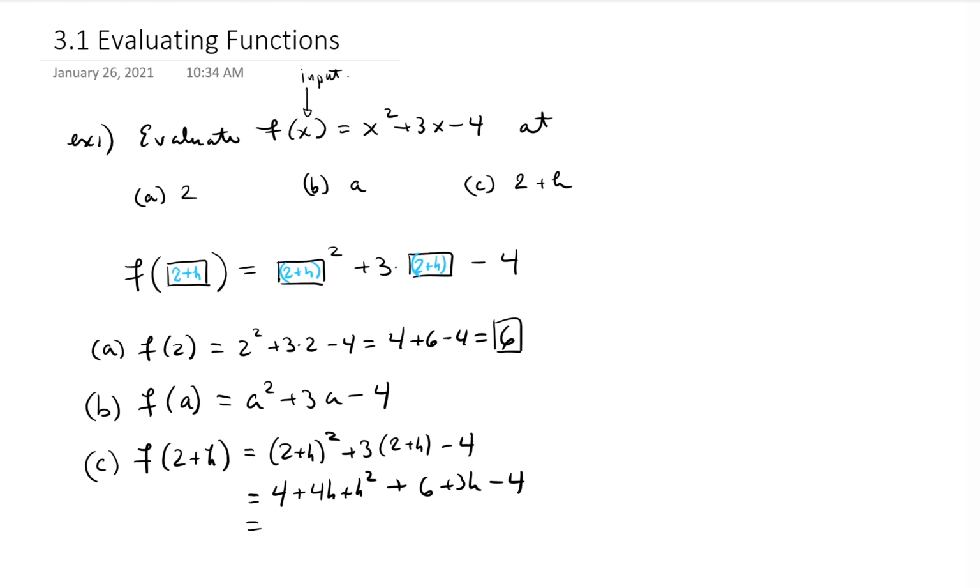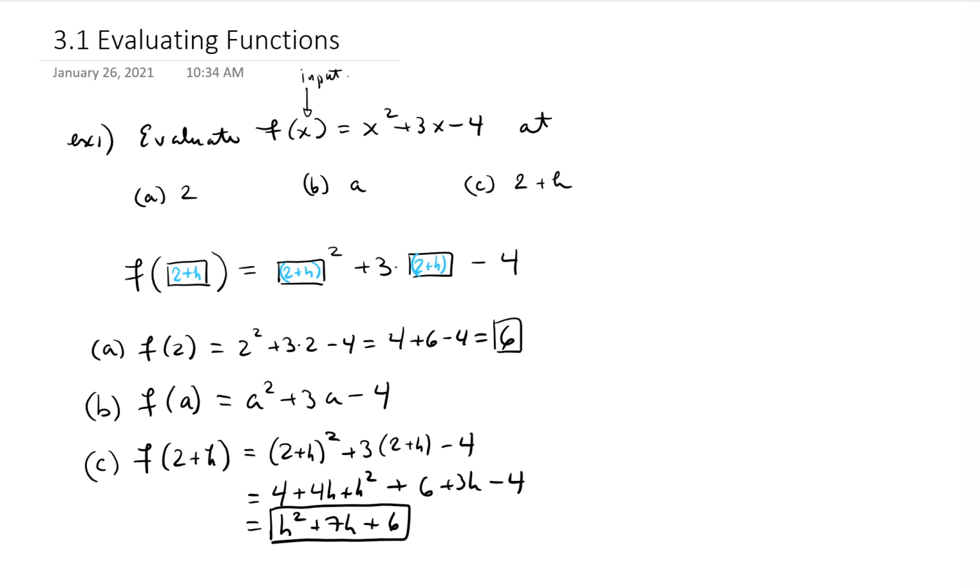And finally I can simplify this a little bit, and I'm going to reorder it so that I go from the largest power of h to basically the constant term in the end. h squared, 4h plus 3h, 7h, 4 minus 4 plus 6 is 6. So that would be my simplified output.